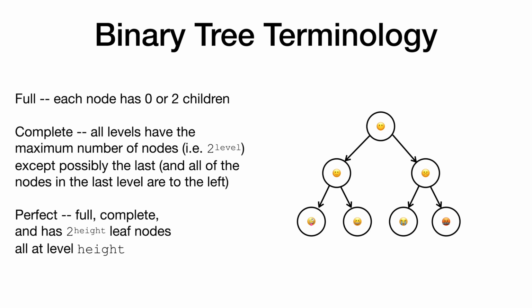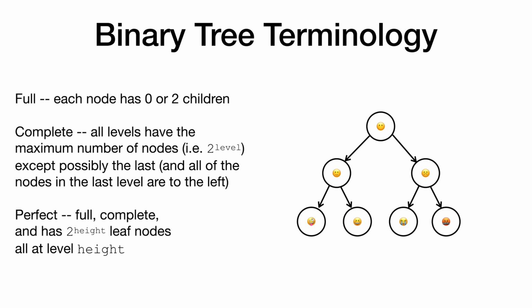Complete meaning all of the levels have the maximum number of nodes except possibly the last one, and whether it's perfect. So here, perfect means that it's full and complete, and the last level has exactly 2 to the height leaf nodes. So here the height is 2, and the last level has 4 nodes. So this is an example of a perfect binary tree.